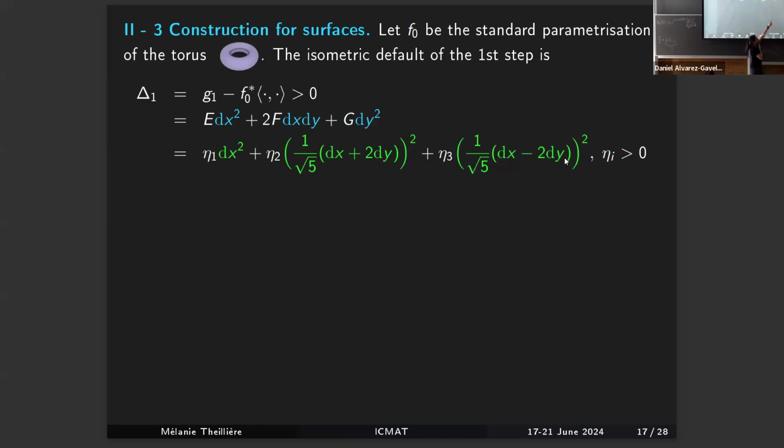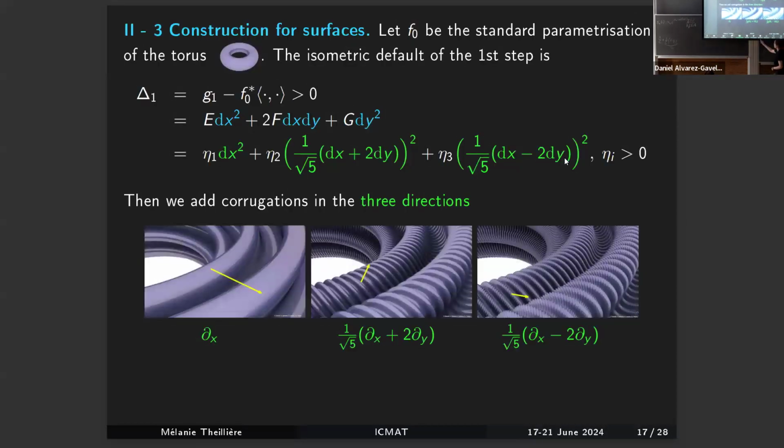We want these coefficients to be positive because they control the length of the corrugation, so we can't have a negative length. We do see such a decomposition, but this decomposition is not unique. We have to choose one. So we choose one, and after, we have corrugation in these 3 directions.